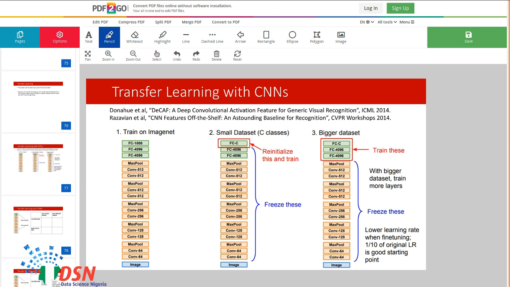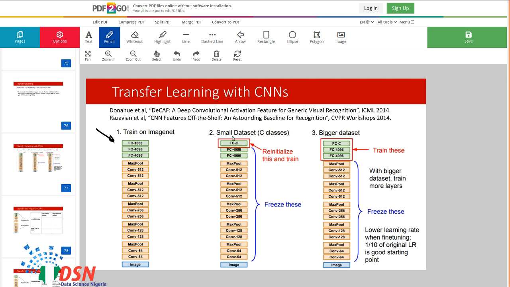So to train a network with small data sets, we could use transfer learning. In transfer learning, we first train the network, for example, on ImageNet, or use ResNet or VGGNet that were trained on ImageNet.